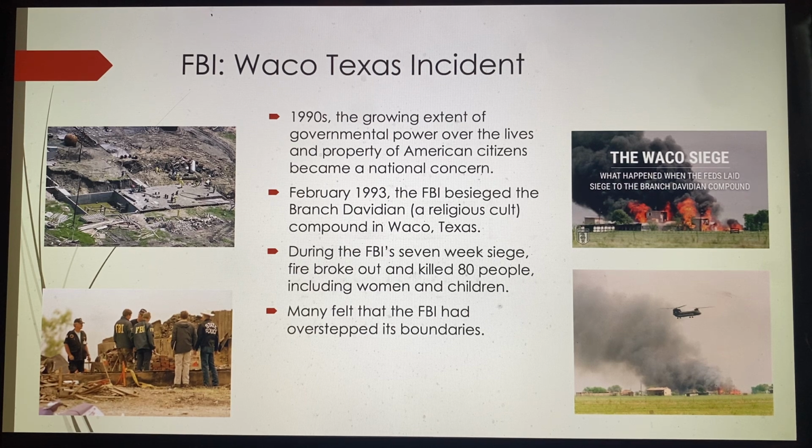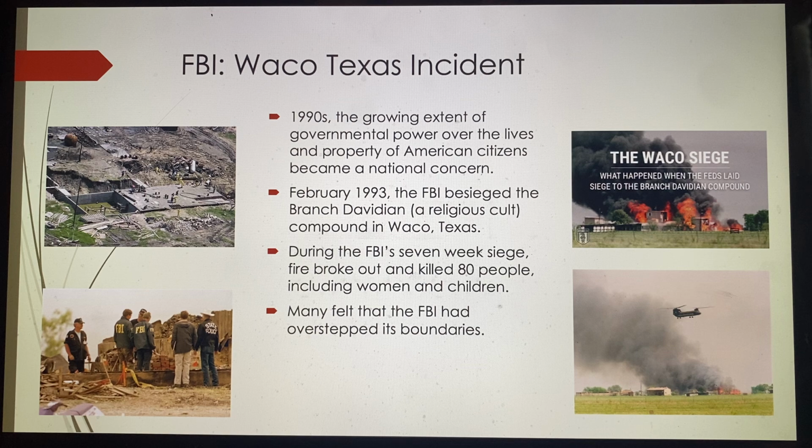Here it is right here, the whole thing burned down, despite the fact that they had surrounded it and put it under siege. Did they overstep and kill everyone there, 80 people? And there were women and children involved in this cult. So you can say, okay, it's a cult, but could they have done this a different way, is what was put forth.